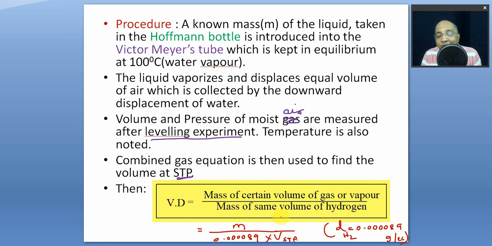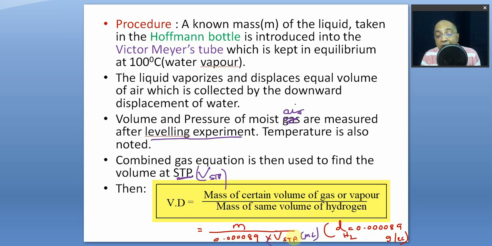So we have found the volume of the air, which is equal to the volume of the vapor of that volatile liquid. So the same volume means the V at STP, the converted value. Supposing this is in milliliters, and 1 milliliter of hydrogen weighs this much, this is the density.